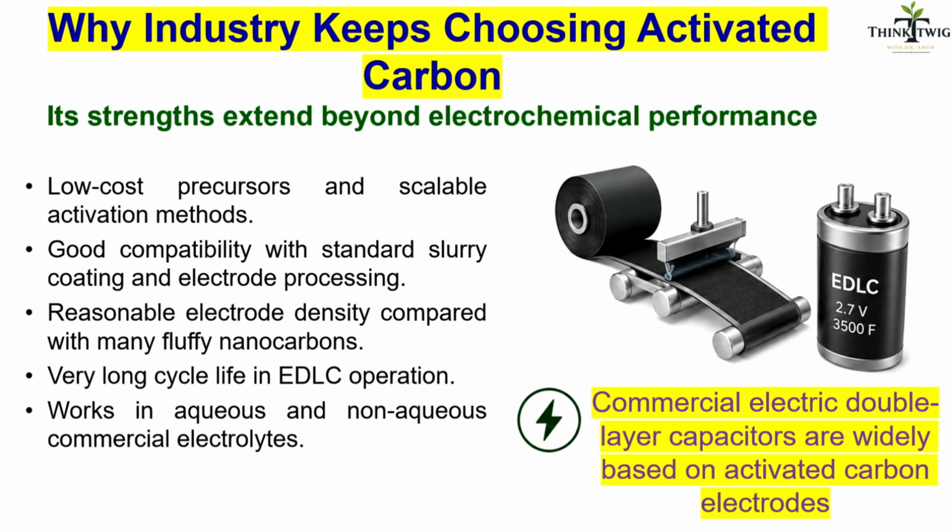It keeps winning because several practical requirements are satisfied together: low cost material, scalable production, suitable pore structure, reasonable density, simple electrode processing, chemical stability, and a long cycle life. This gives us the basis for understanding the other side of the comparison. Why can an advanced material with excellent laboratory properties still struggle in practical EDLCs?